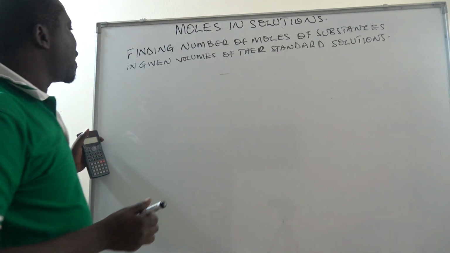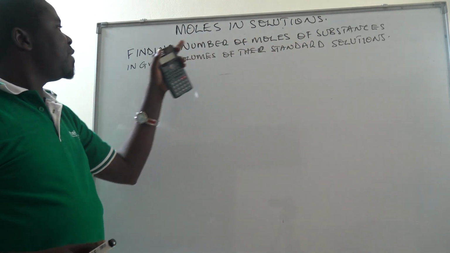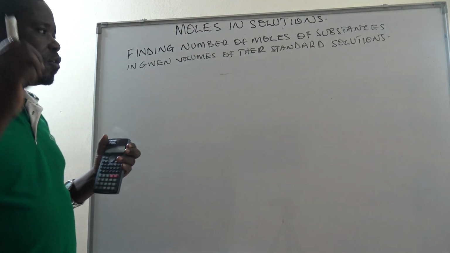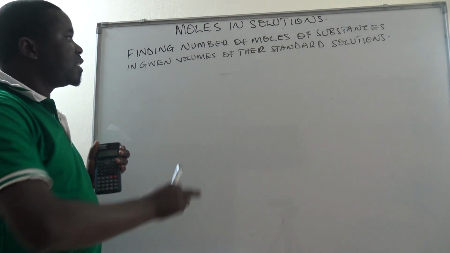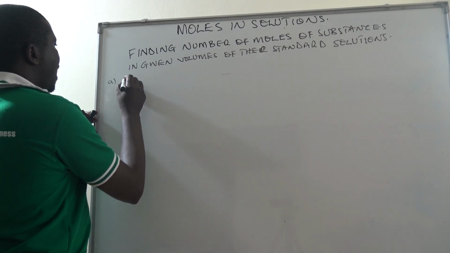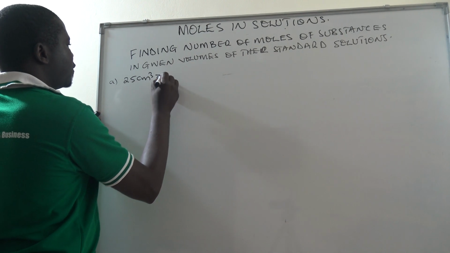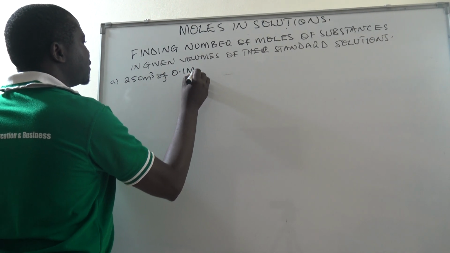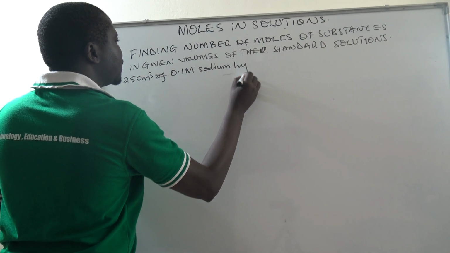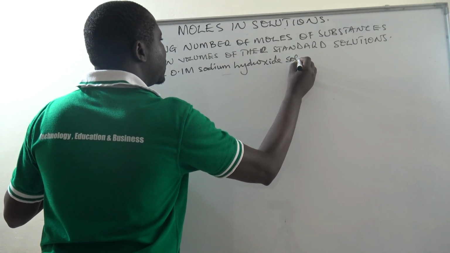So in our calculation, we are going to look at how to get the number of moles of substances when we have been given their solutions with known concentration. In this case, the concentration we are talking of is molarity. For example, supposing I have 25 cubic centimeters of a 0.1 molar sodium hydroxide solution.